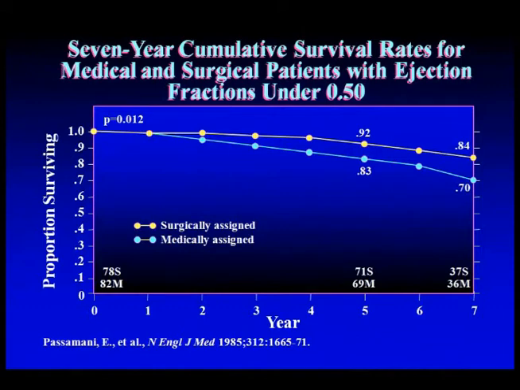Now, one example of stunned myocardium that's very dramatic and has been well described in the last 2 decades is the so-called stress cardiomyopathy, originally described as Takotsubo cardiomyopathy after the octopus pot in Japan, because the ventricle looks like that. I'll show you a picture of that.